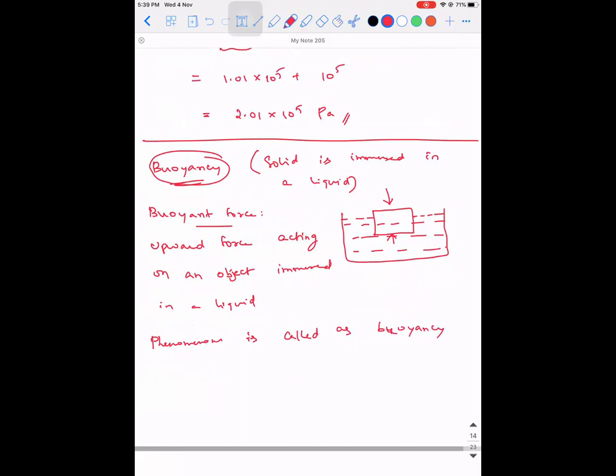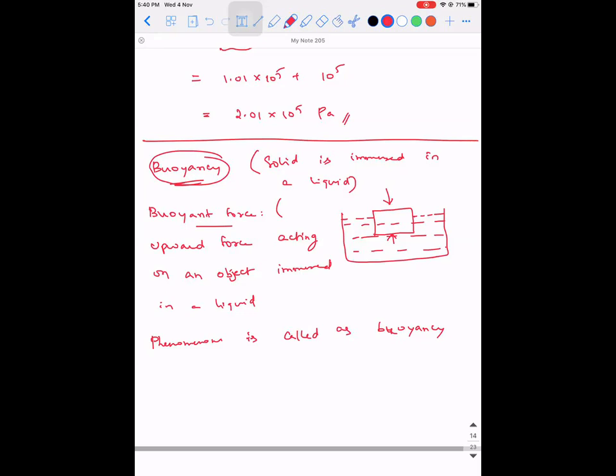Now tell me one thing, guys. What is the other name for buoyant force? Buoyant force is acting in which direction? Upward direction. I told you there is another name for force in this chapter. What is it? Hydrostatic pressure? No, that is pressure. When I explained pressure yesterday, I told you, what is pressure?